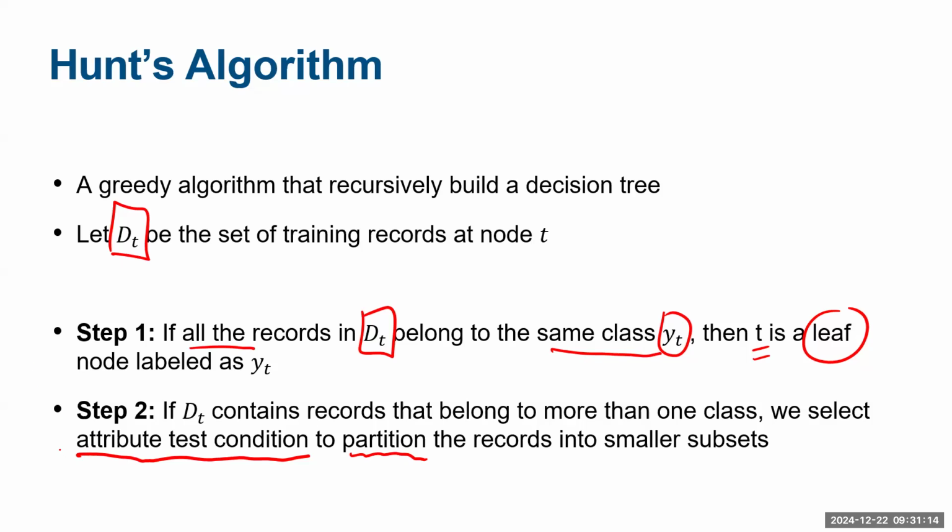Basically, we pick some attribute, and that attribute becomes the decision node. Based on this decision node, you split the data again into two parts. Then you repeat the same process: you check step 1 and step 2 again for each of the smaller data sets.